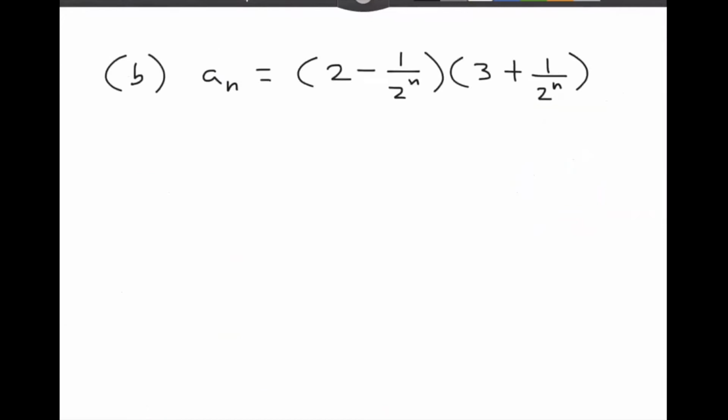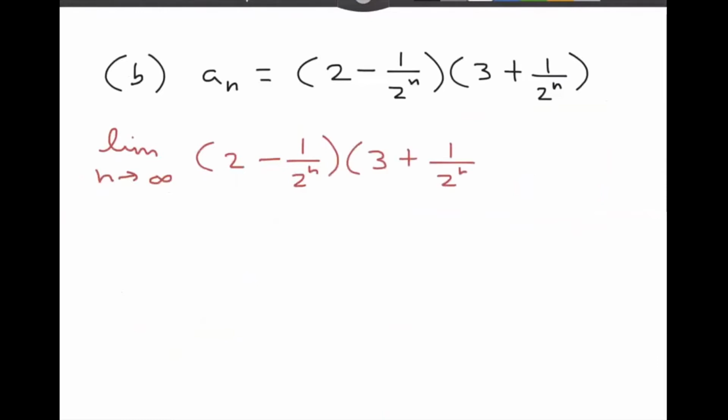All right, next example, a sub n is equal to 2 minus 1 over 2 to the n times 3 plus 1 over 2 to the n. All right, the limit as n approaches infinity of 2 minus 1 over 2 to the n times 3 plus 1 over 2 to the n.